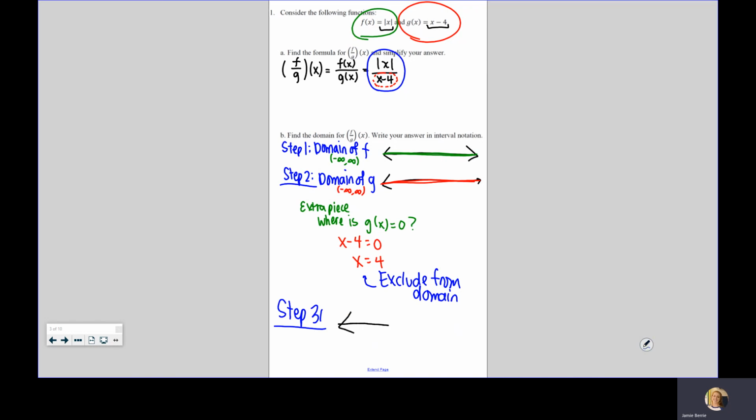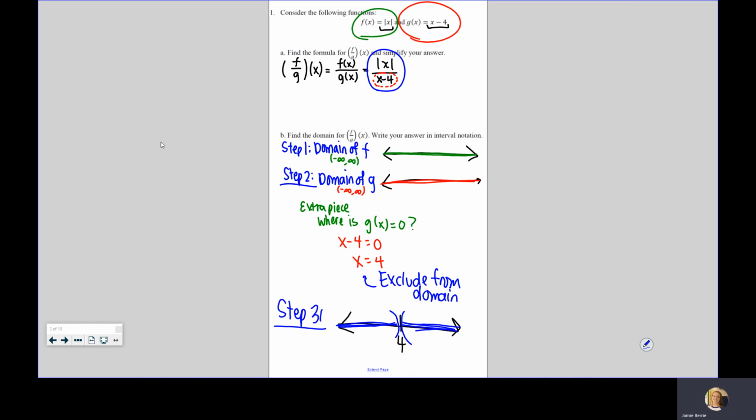So let's draw our number line, mark the number 4. We want to leave that out, so we'll do parentheses here and here. Everything else is okay, so shade the whole rest of the number line. All the other numbers are fine except for 4.